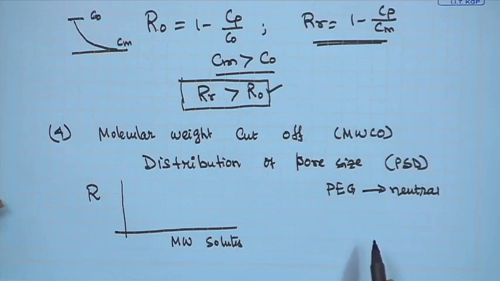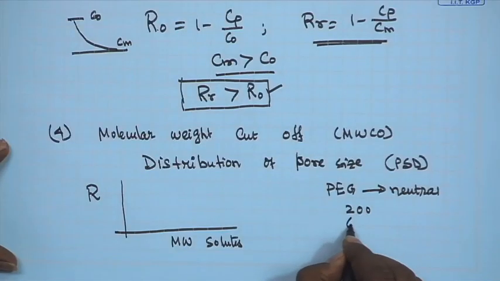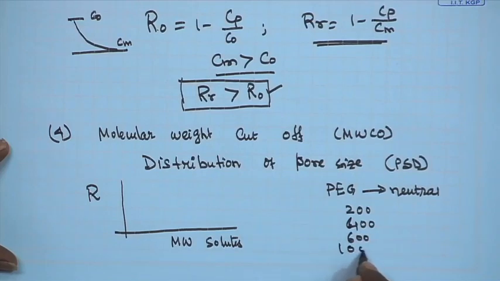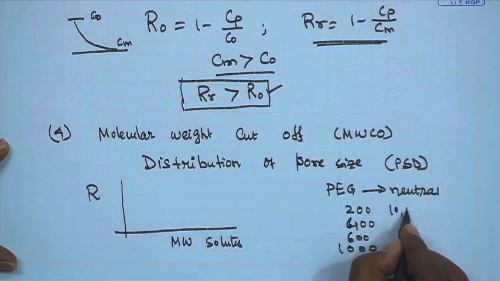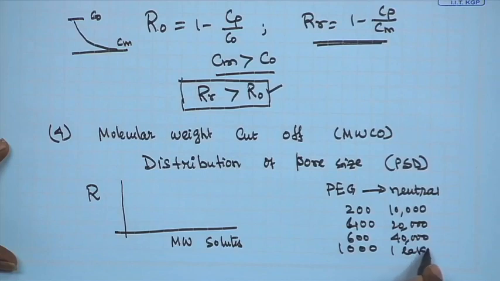And this polyethylene glycol polymer is available with different molecular weights. In the market PEG is available with molecular weights starting from 200, 400, 600, 1000, 10,000, 20,000, 40,000 Dalton, 1 lakh Dalton, and so forth.